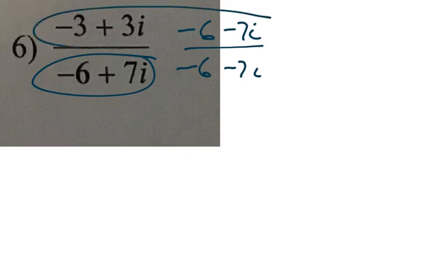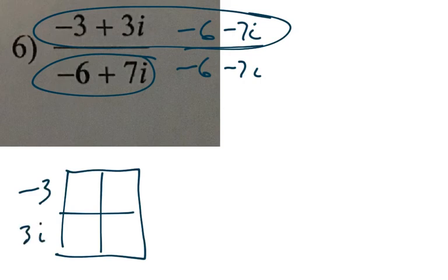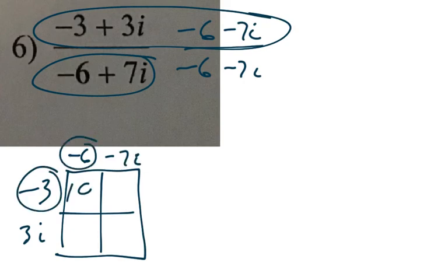So let's see what the numerator is when I multiply that together. I'm going to do all my work down here this time. So negative 3 plus 3i times negative 6 minus 7i. Negative 6 times negative 3, positive 18. Negative 7i times negative 3, positive 21i.